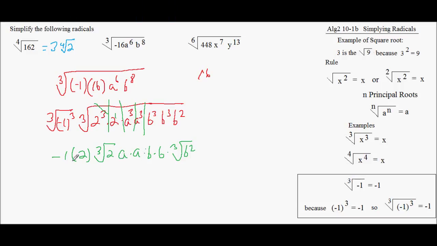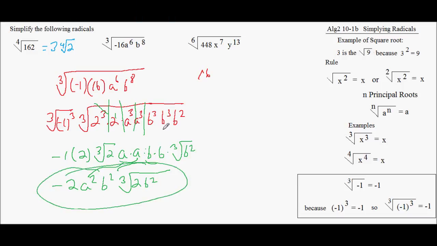So this is negative 1 times 2, which is negative 2, a squared, b squared, and then the third root of 2b squared, because I can't do anything with that. And that's the answer.